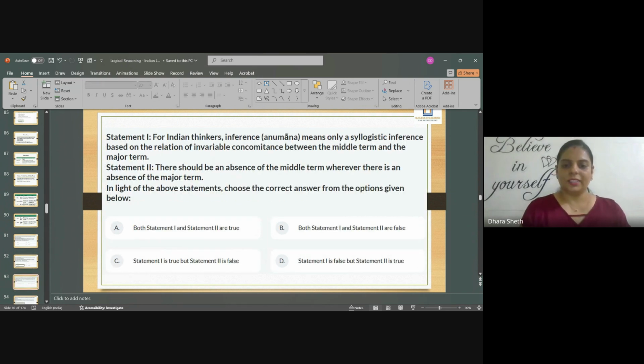For Indian thinkers, inference or anuman means only a syllogistic inference. Okay? Think again. We are talking about Indian thinkers. Inference or anuman means only syllogistic inference based on the relation of invariable concomitants between the middle term and major term.